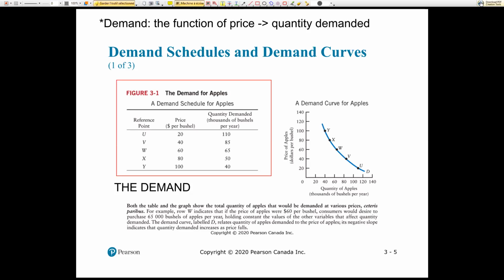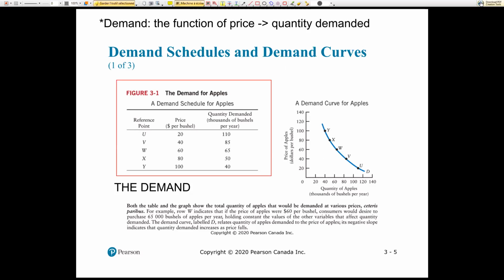So let me substitute my orange for an apple in the morning. What would happen to this demand curve? Would it shift up or down, right or left? Somebody has an idea?